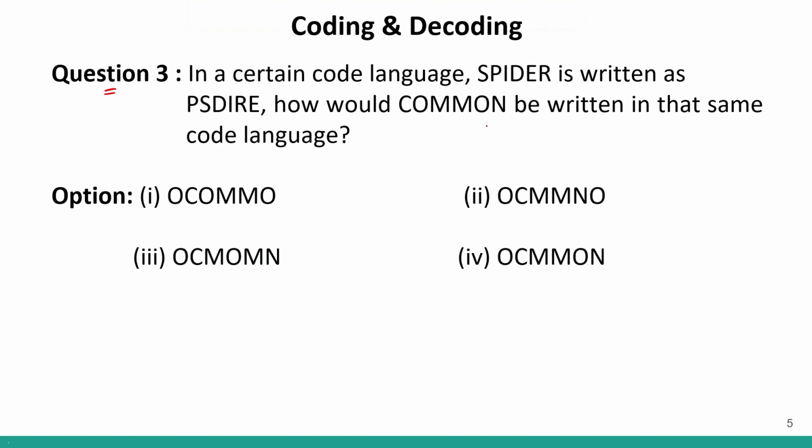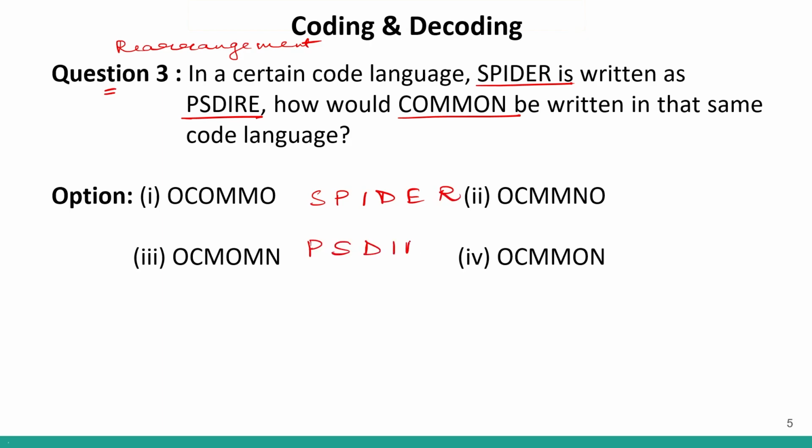Question number 3, in a certain code language, spider is written as this. We have to find how common will be written in that same language. So again, I can see similar letters, spider and PSDIRE. They have similar letters. So again, I am assuming this is a case of rearrangement. SPIDER is written as PSDIRE.